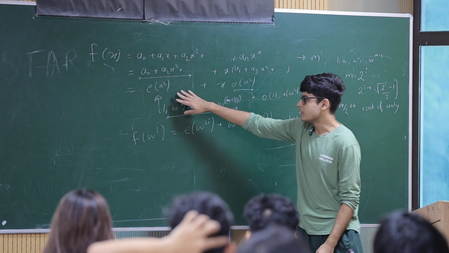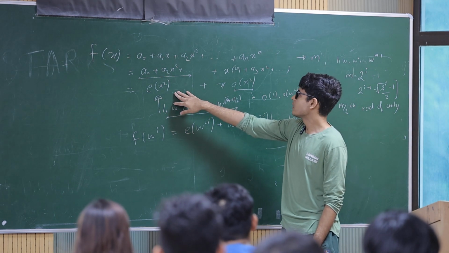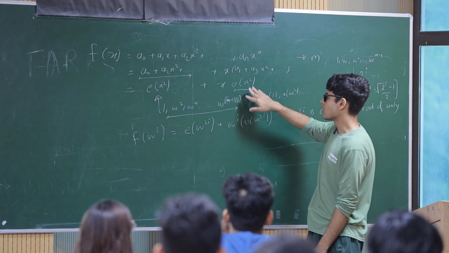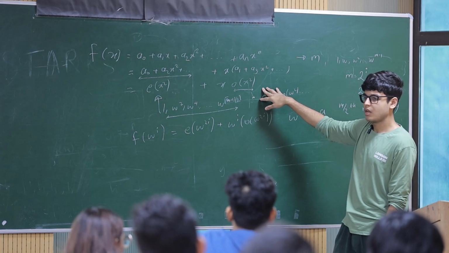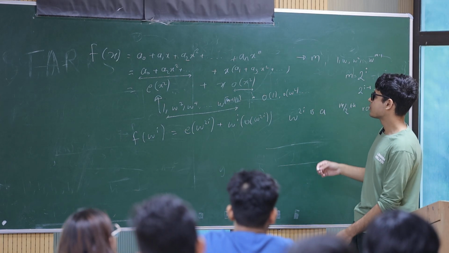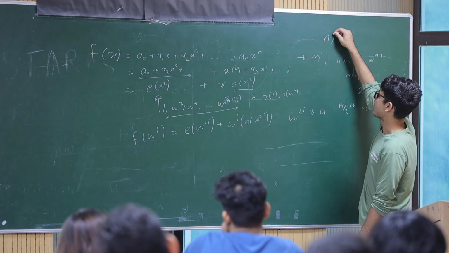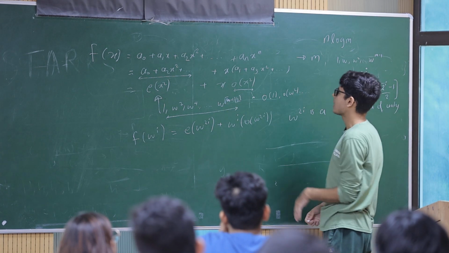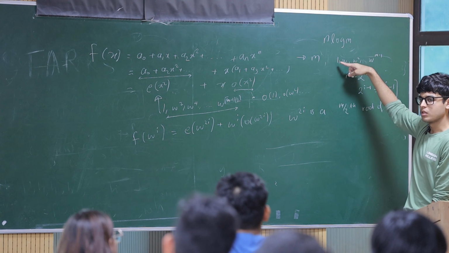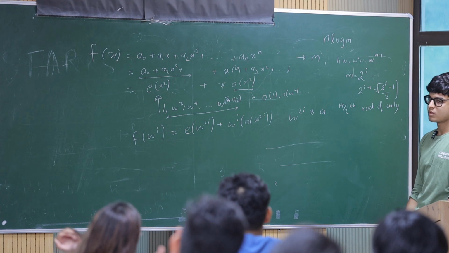So this even polynomial has degree n by 2, and this odd polynomial would also have degree n by 2 at max. And if my time complexity is something like n log m, then each of these would have time complexity n by 2 log m by 2.